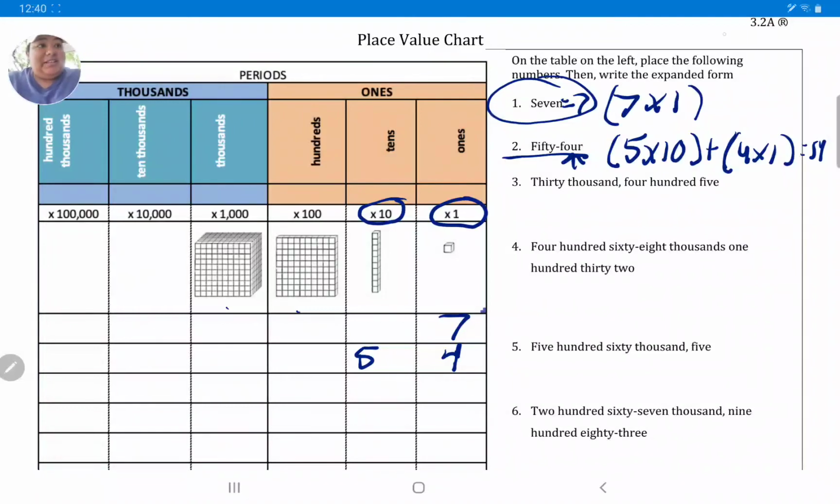Now we're going to go to the next one. 30,405. Ooh. So think about it. I'm still putting it in my place value chart, so how would I do that? 30,000.